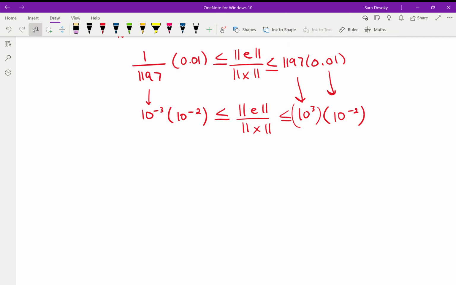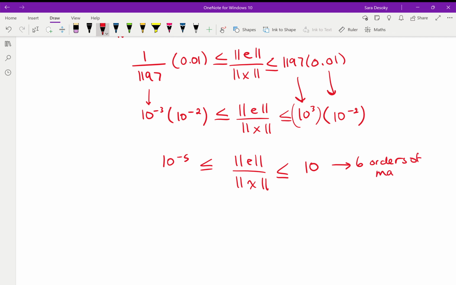And where does our actual error that we calculated fit? Where does it go? Here, 2 over 1. This is in red. Two. So it's closer to this one.